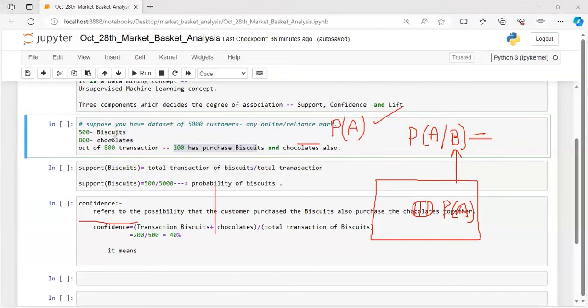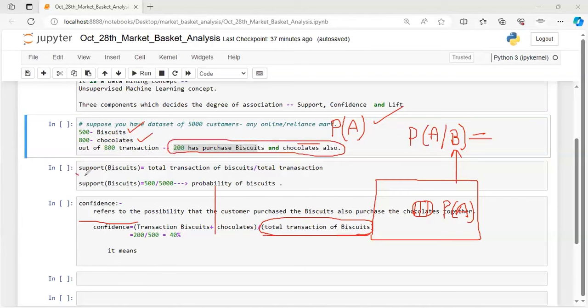Yes, exactly. But what I have written here is the total transaction of biscuits, not chocolate. 500 biscuits, 800 chocolates separately. Now 200 purchased both.